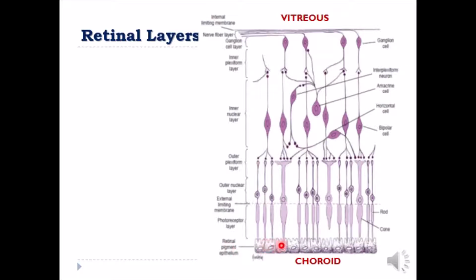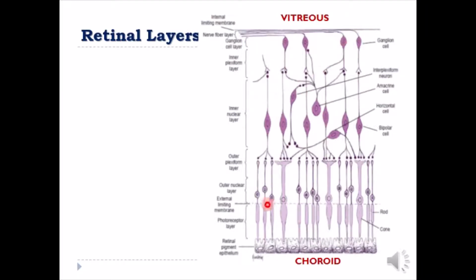Whatever you are seeing here, this one is the retinal pigment epithelium, and these are the photoreceptor cells, and these cells are the bipolar cells, and these cells are the ganglion cells. So you need to remember that there are three types of cells. One is photoreceptor cells, second is bipolar cells, third one is ganglion cells.